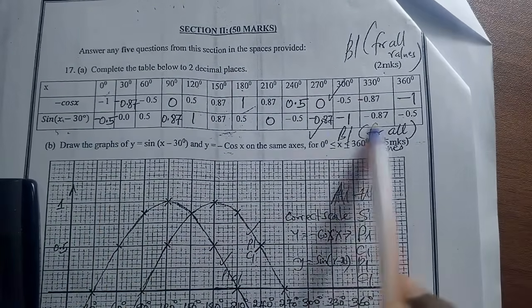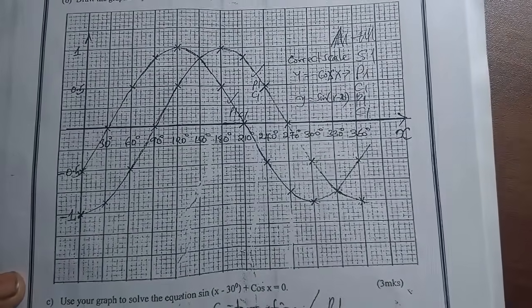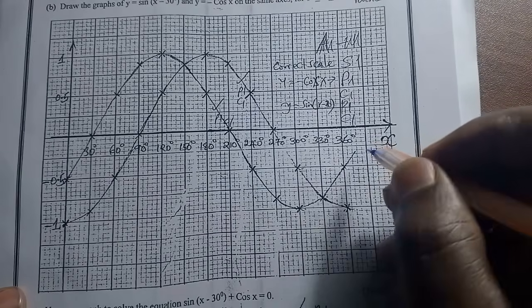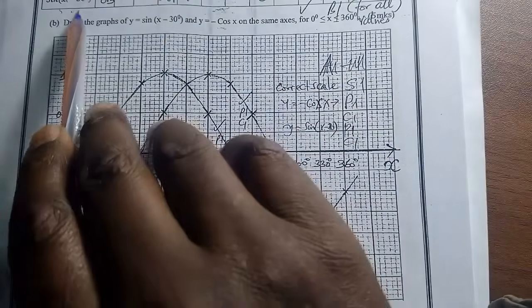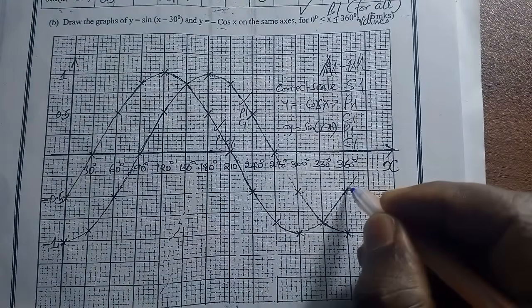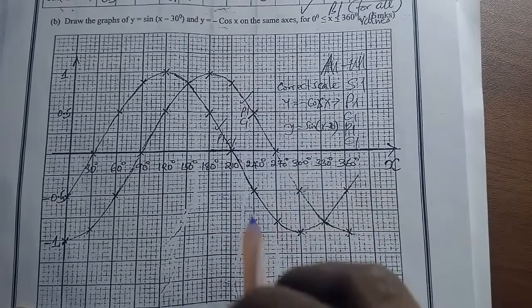Why would you miss these 2 marks? After that, plot your graph. Remember to label it. If this is the graph for sine, for example this graph here, remember to write that this graph is for sine what? That is what we call labeling.